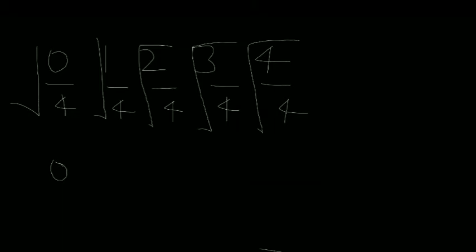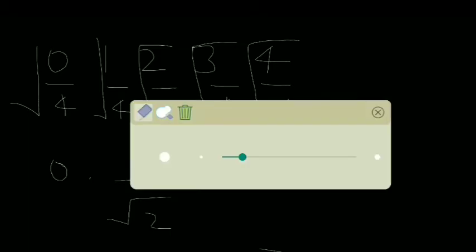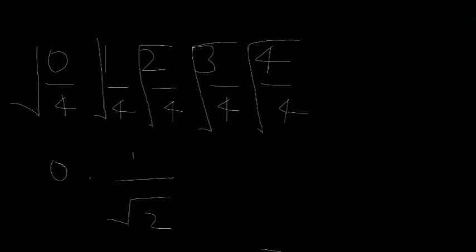See, 0 upon 4 is 0. 1 upon 4, when you take the under root, will be 1 upon 2. When you take the under root of 2 upon 4, it will be 1 upon root 2. When you take the under root of 0 upon 4, it will be 0.